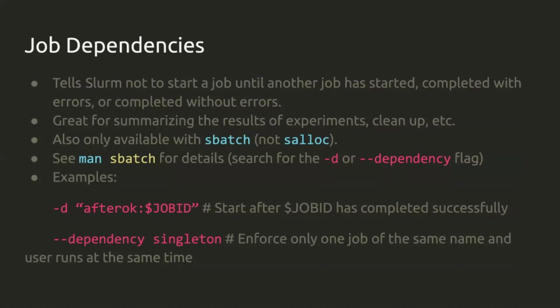And so this makes it a really great technique if I have this big job array where I'm doing this big parameter sweep or something, and I want to collect the results of all of those experiments and kind of clean up. And so I can tell Slurm, I have this big job array I want to run, and then I have this smaller job I want to run after all of the array tasks have completed.